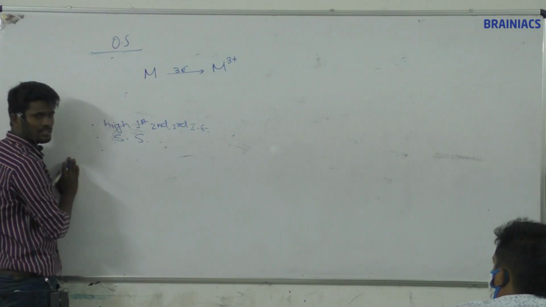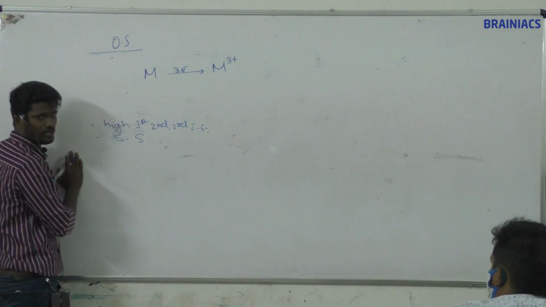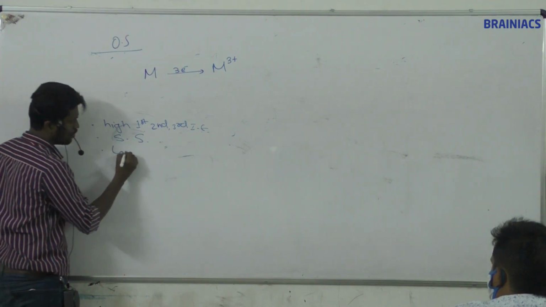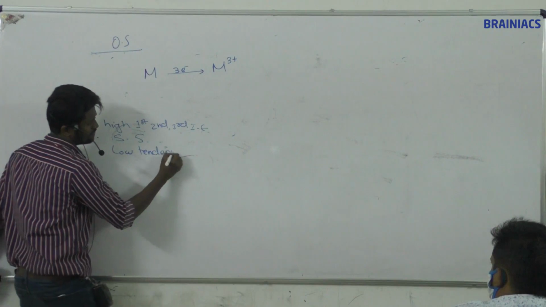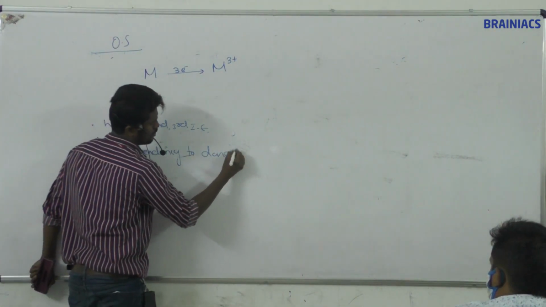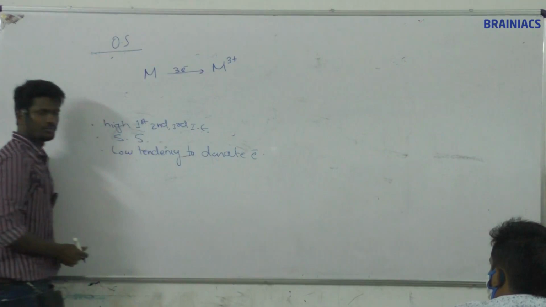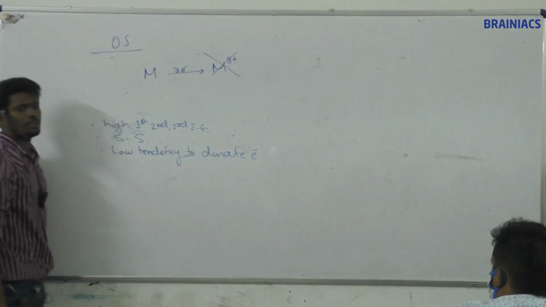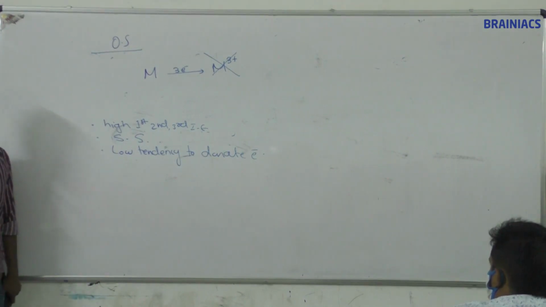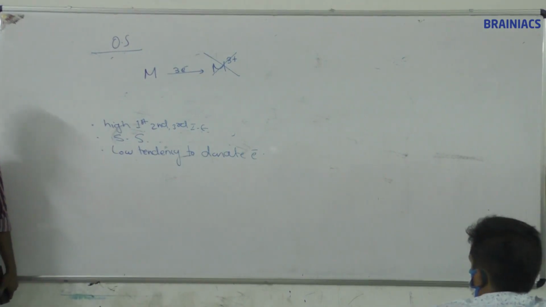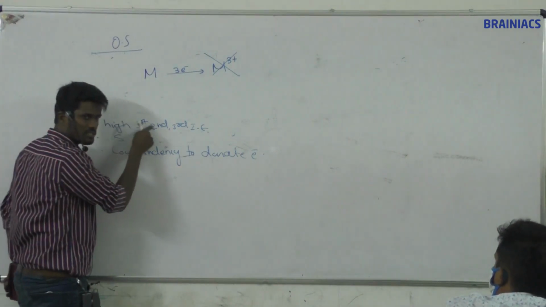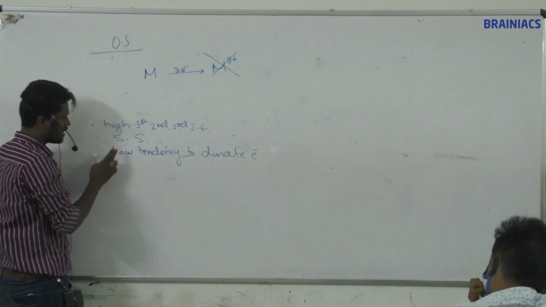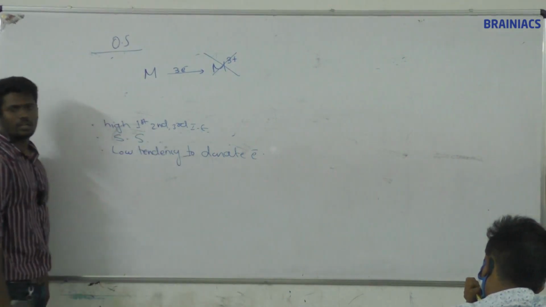What about the tendency to donate electrons? Low. So boron does not give the B3+ ion due to high first, second and third ionization energy, smaller size and low tendency to donate electrons.